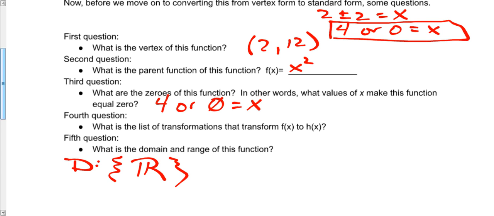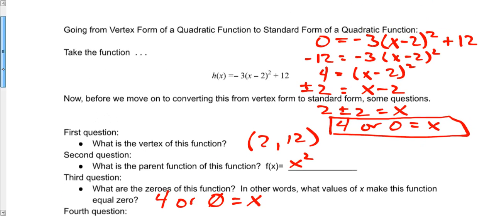Now, here's the other question I have. We couldn't answer this when I did the review set with you guys, right? But what is the range of this function? So where's the vertex of this? We answered that already, Dawson. 2, 12.